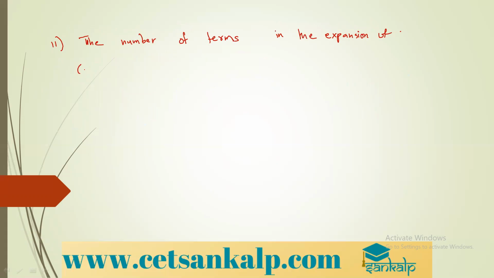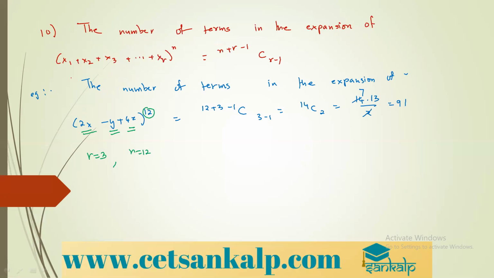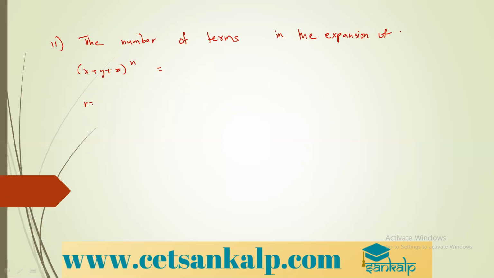I am talking about (x + y + z) whole power n. That will be the same formula which we have used in the 10th. Total r terms, so here r is 3 because we have a total of 3. The power n is n only.